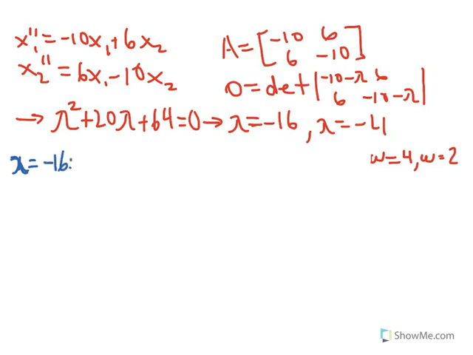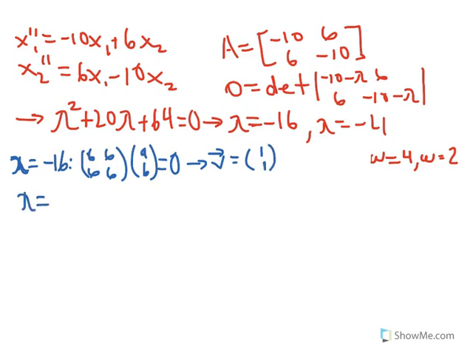And what will we get? After subtracting the lambdas from A, we will get all 6's equals 0. And after solving that, we get our eigenvector is equal to 1, 1.